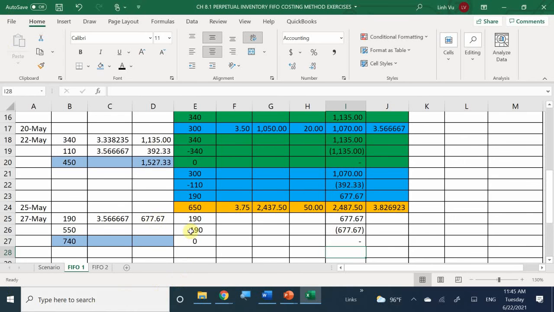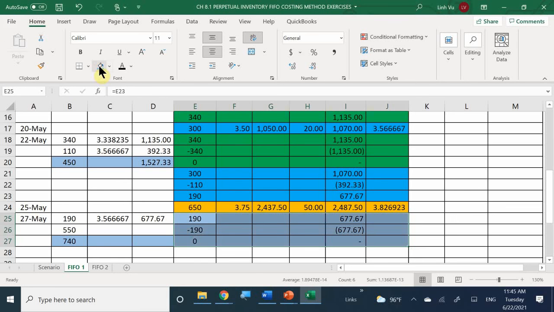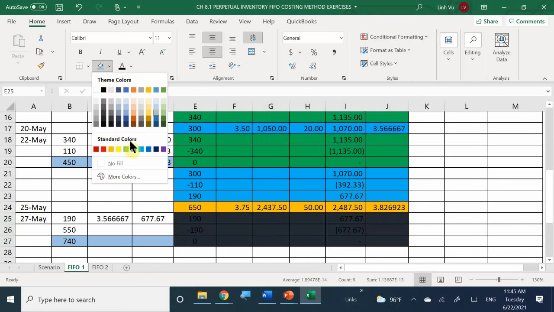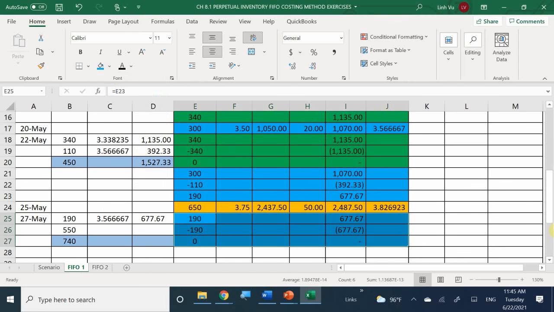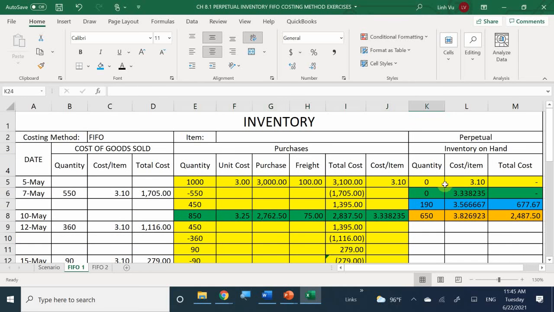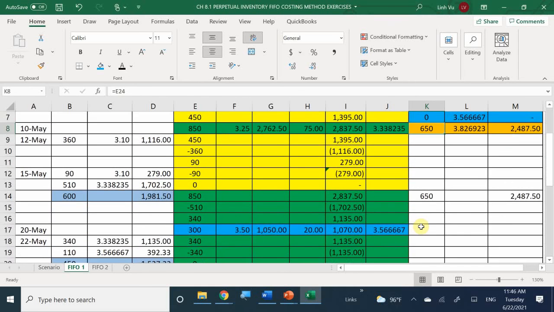Once again, this amount is associated with my blue batch. Now that it confirmed that I got rid of the entire thing, I can say I don't have any more of my blue batch. I only have my orange batch left, which is 650 units.